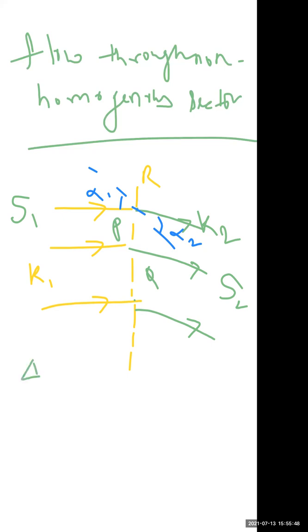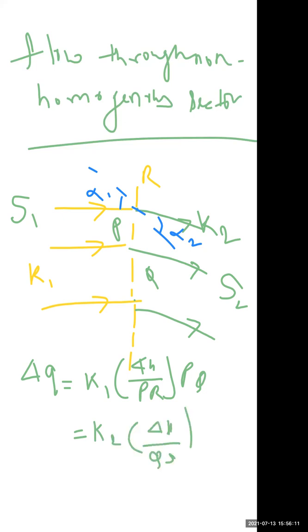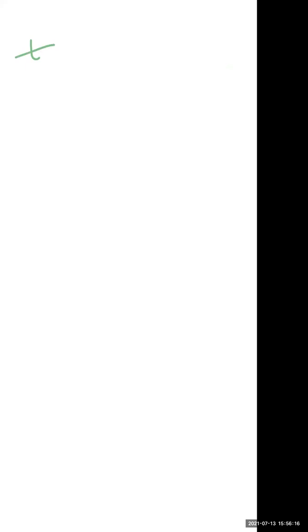Then we can write the seepage discharge del Q equal to K1 del H by PQ into PR, and also we can write in terms of K2, that is del H by RS into QS. Again we can write tan alpha 1 equal to PR by PQ and tan alpha 2 equal to QS by RS.